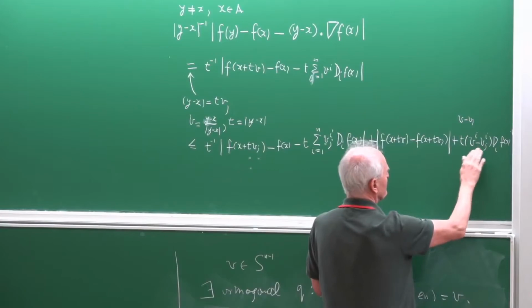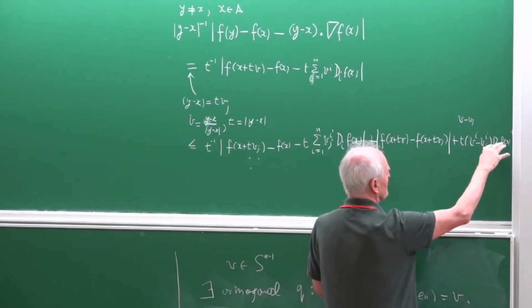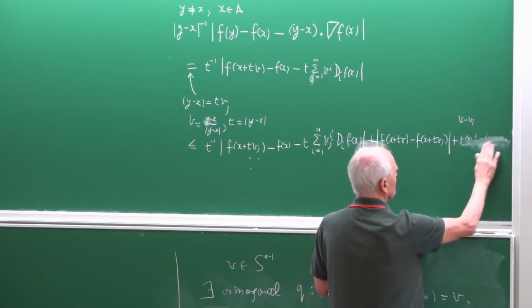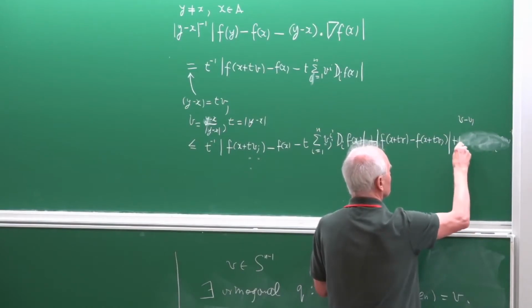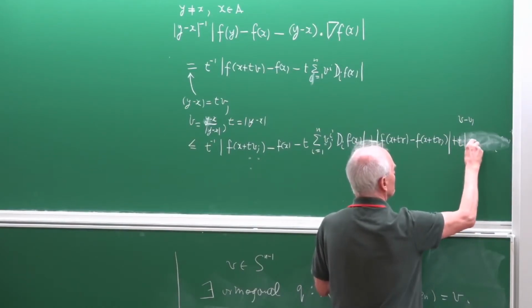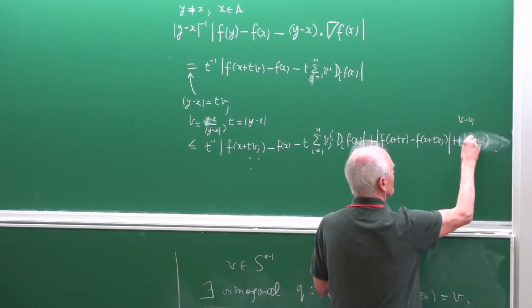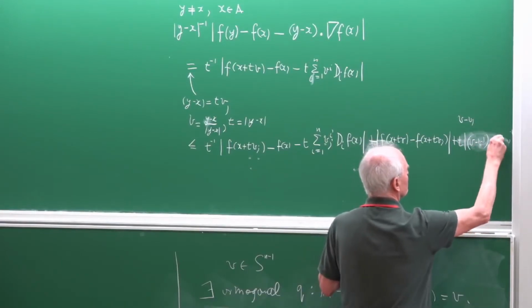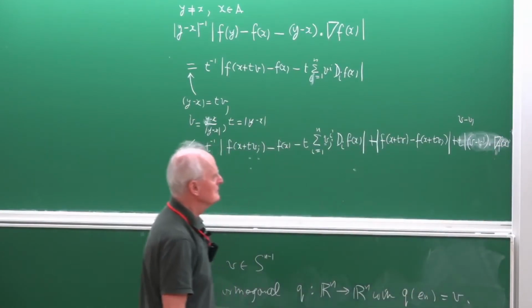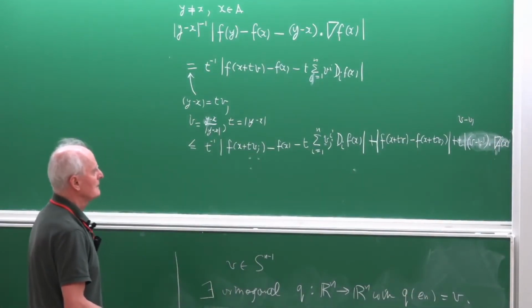So I'm going to rewrite this one as t times v minus v_j dotted with the gradient of f at x. Okay, that's good.